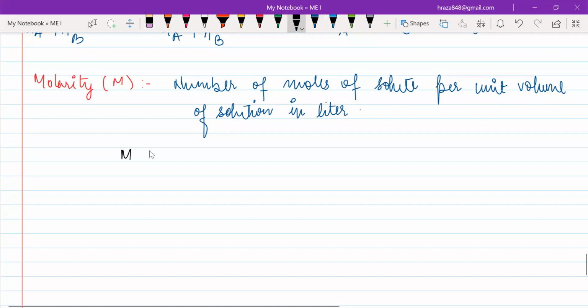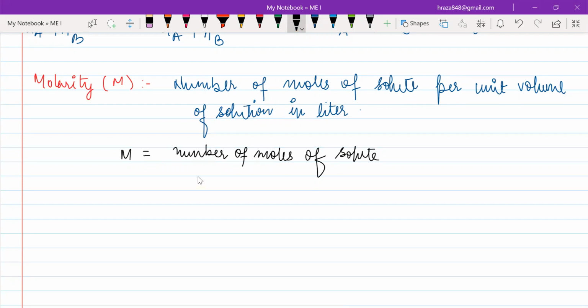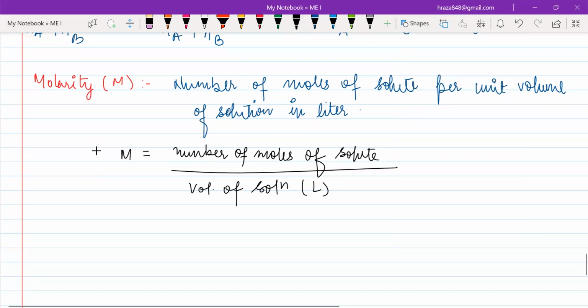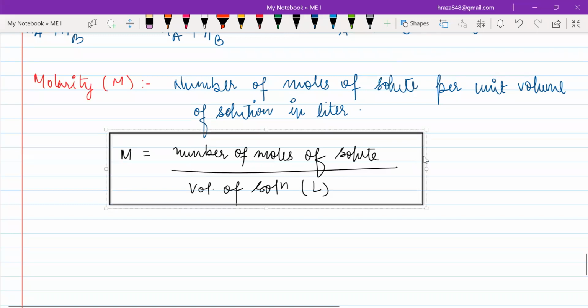So we can write it in mathematical form. That is, M will be equal to number of moles of solute upon volume of solution in liter. This is the formula for molarity.